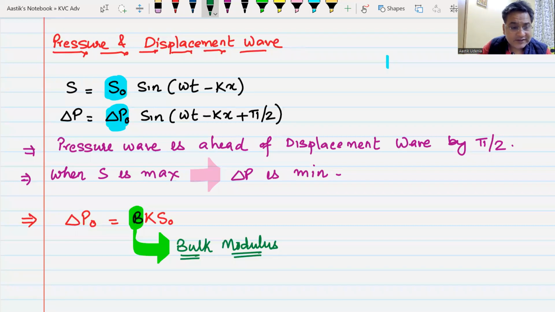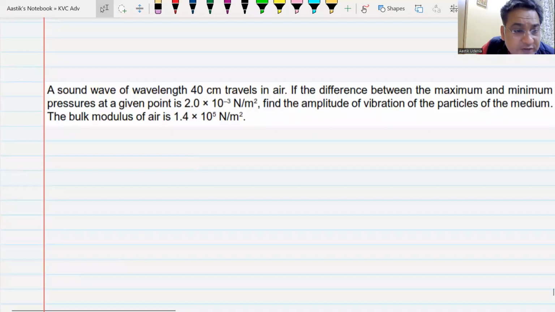Once you have understood the relation between the two waves, we can tackle some problems, and this is the problem that I have for you. It comes on your screen now.